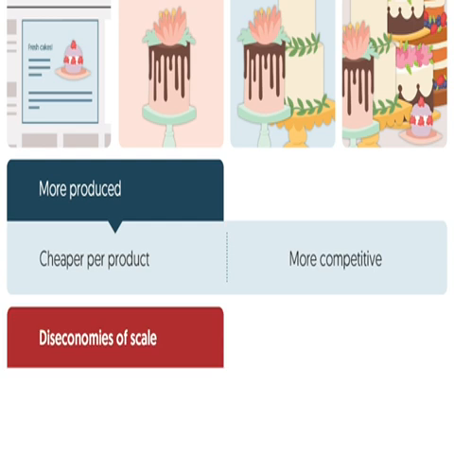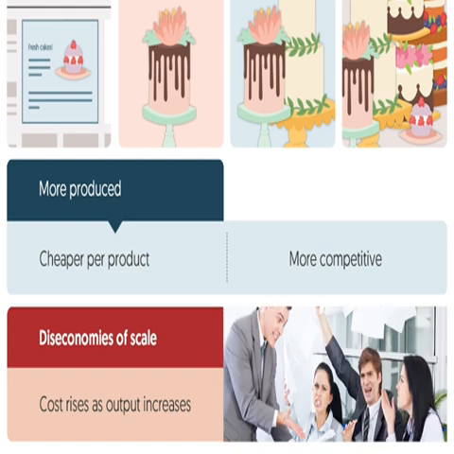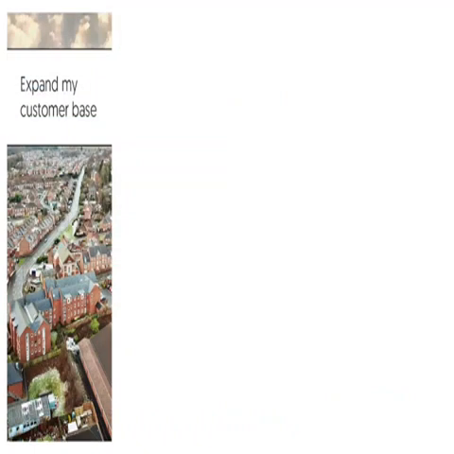But you can also gain diseconomies of scale, which means the cost rises as output increases. This could be for many reasons. For example, the business is too hard to manage, communications get confused, or staff get demotivated as the business grows. To give one example for our cakes, what if I need to expand my customer base and I sell into a neighbouring town?